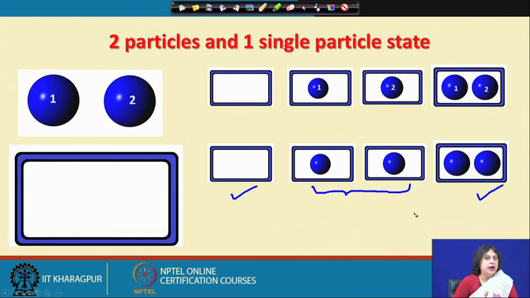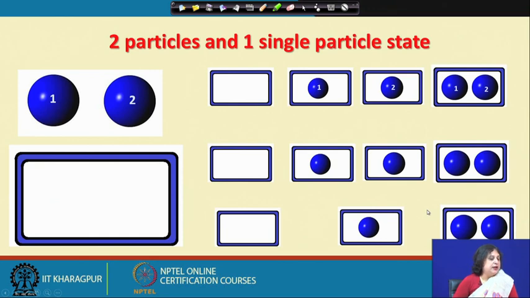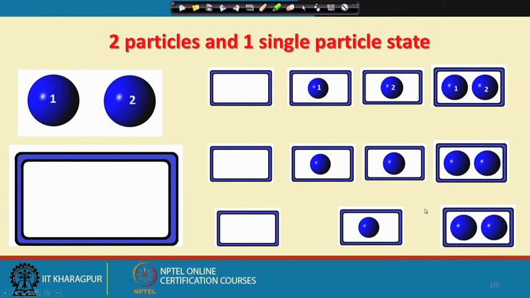So, whenever I am using these two particles and they are identical to each other, I must have, instead of the 4 possible states shown here, only 3 states, because you cannot distinguish whether you have put particle number 1 or 2 in this box, and therefore these two states with the same occupation number are equivalent.